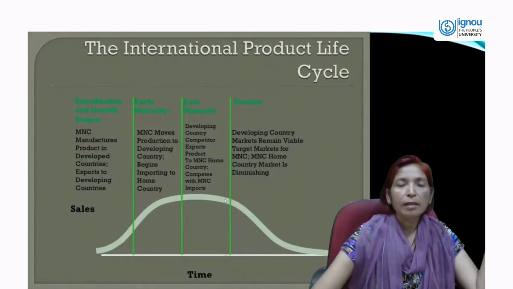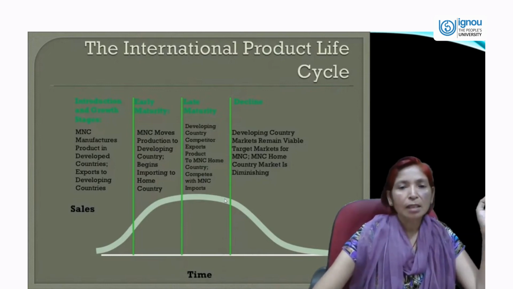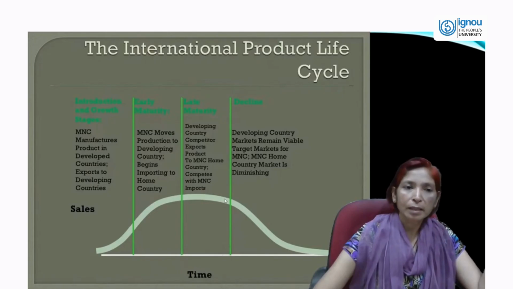Next is the International Product Life Cycle Theory, in which three stages are available. One is introduction and growth, when a new product is launched. Second is the maturity stage, and third is the later stage, when the end of that product happens. So multinational corporations manufacture products in developed countries and export to developing countries.